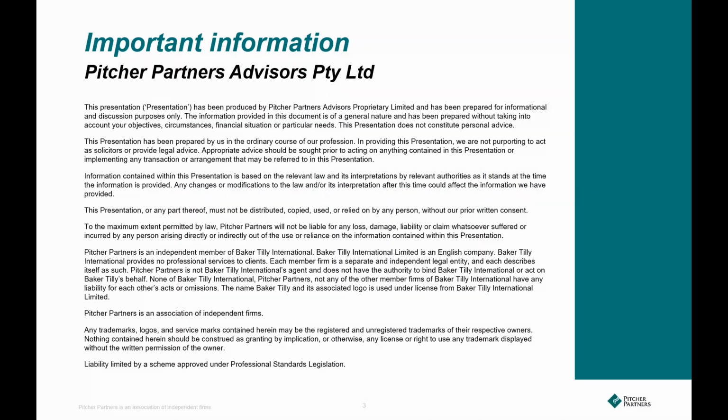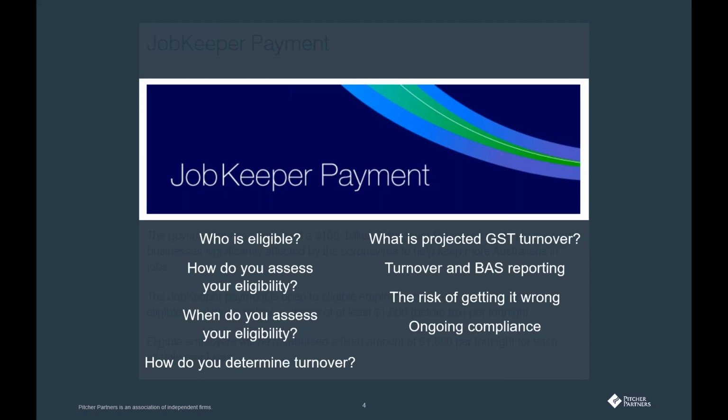So moving into the content of the presentation, this is what I would like to cover over the next hour or so. Firstly, a brief overview of who is eligible for the JobKeeper program, how you assess your eligibility, when you assess your eligibility, and then diving into the turnover question, which is the main focus of this presentation today.